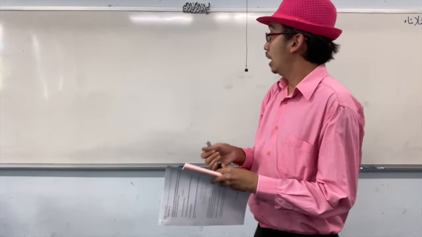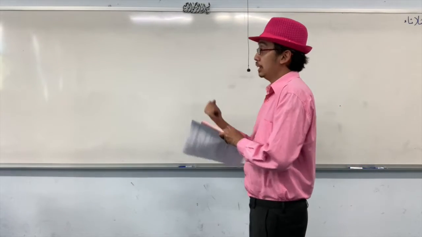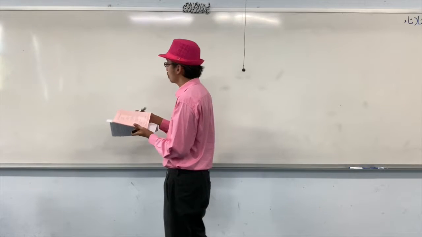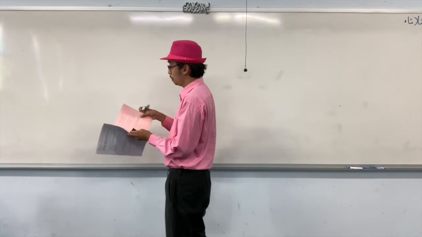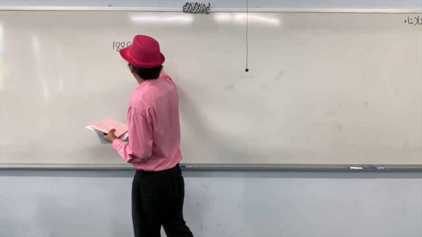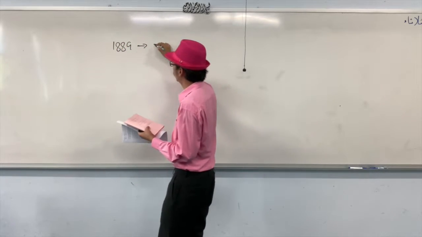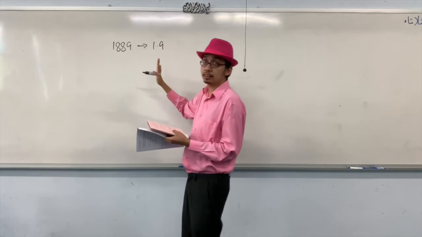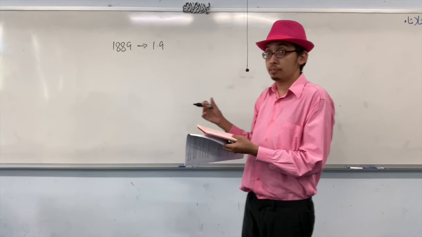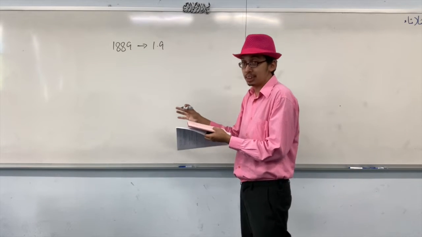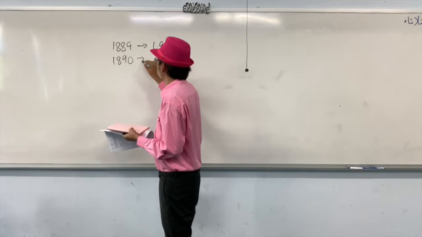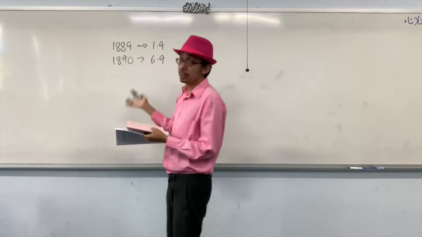Again, it's good to write down the information that you have. 1889 corresponds to 1.9 million. You can just write down 1.9 because everything is measured in millions, so whatever number you get, you just add the millions at the back. 1890 was 6.9 million.